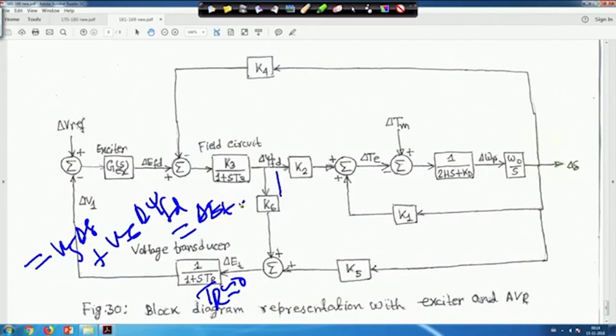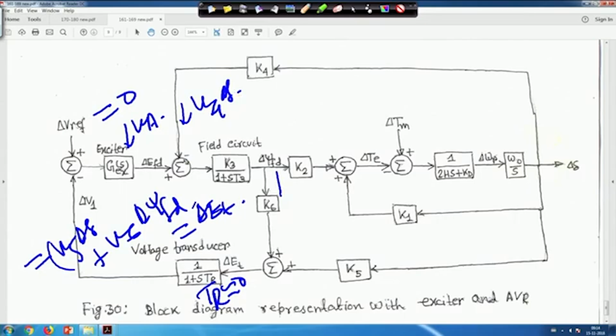And if we assume that delta V reference is equal to 0, then here it will be minus, and this gain is actually k a, right. So, it will be minus k a into this term, and from this point it is coming minus k 4 delta delta.